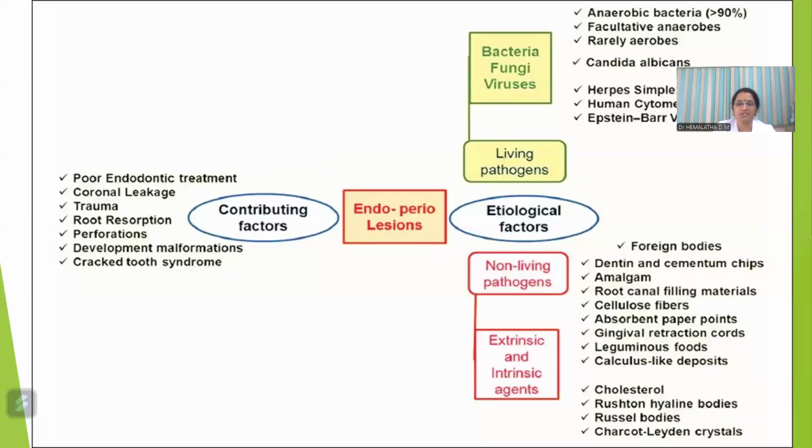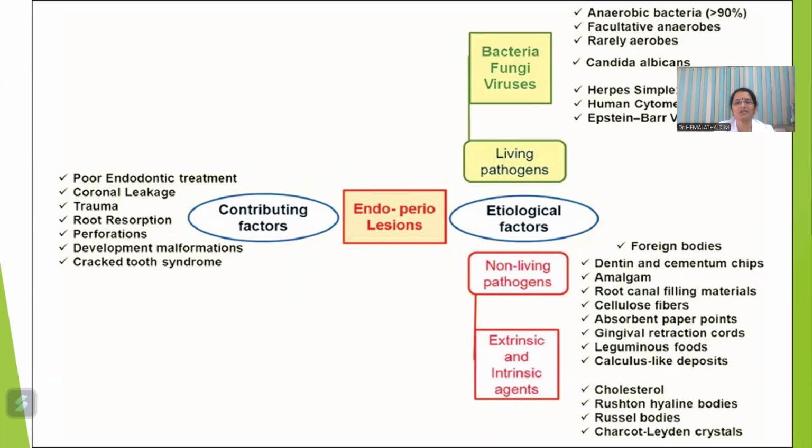Apart from these communications, in endo-perio lesions we have something called contributing factors and etiologic factors. The contributing factors are poor endodontic treatment, coronal leakage, trauma, root resorption, perforations, developmental malformations, and cracked tooth syndrome. All these contribute to the lesion.